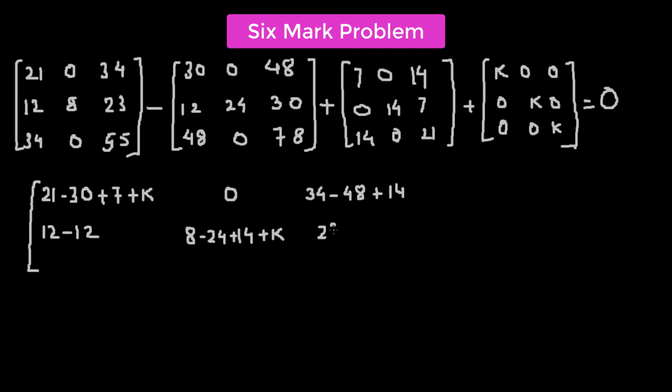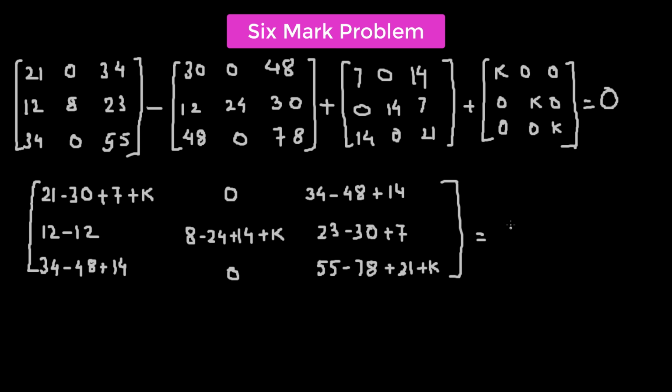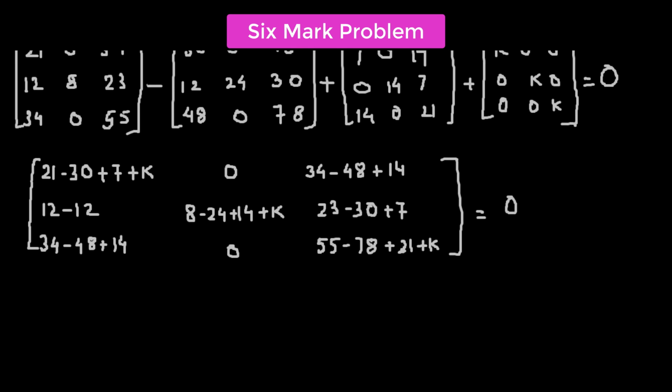And we have 23 minus 30 plus 7. We have 34 minus 48 plus 14, and all the entries are 0, so this will simply be 0. Then we have finally 55 minus 78 plus 21 plus k. This is equal to the 0 matrix.